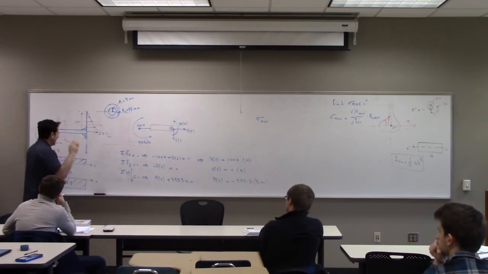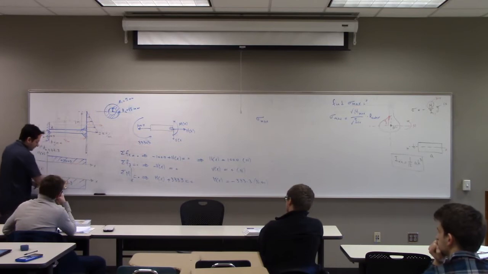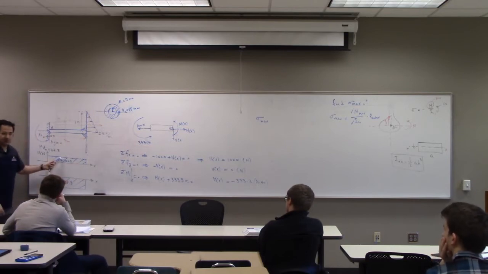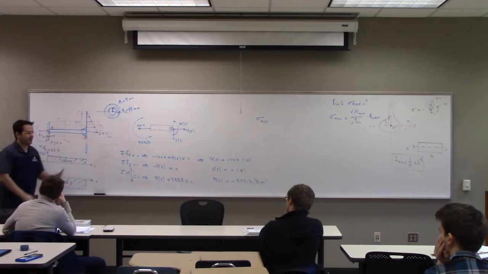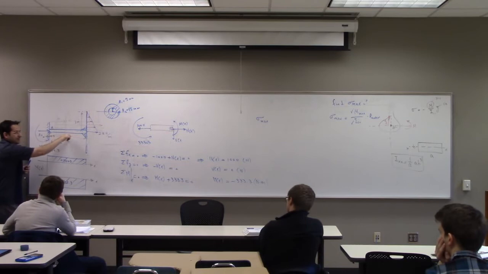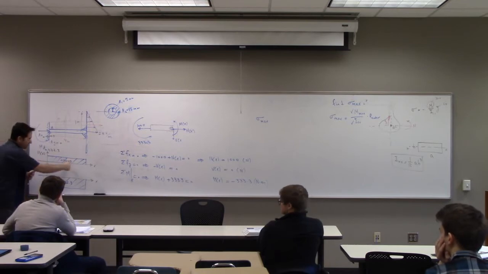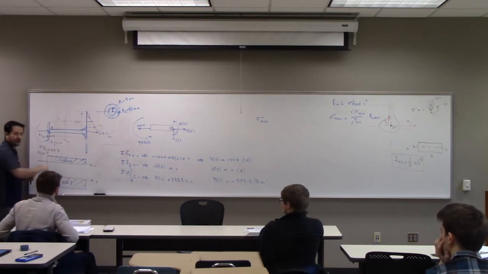On the other hand, I have a pure tension that is equal to 1000. And what is the sum of that? Always tension. So you have one thing that is always tension everywhere, and then you have a bending that is only tension on the top and compression on the bottom. So what point should I consider as a net summation of both of them? Top or bottom? Top. Because at the bottom, you have some sort of subtraction coming from the bending moment.